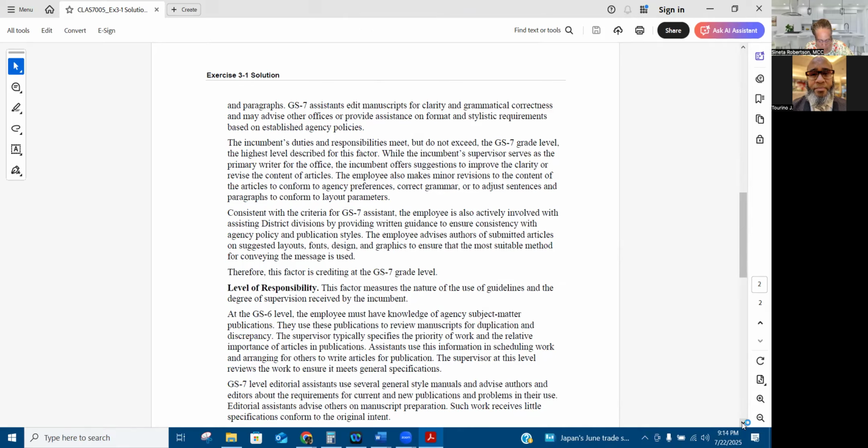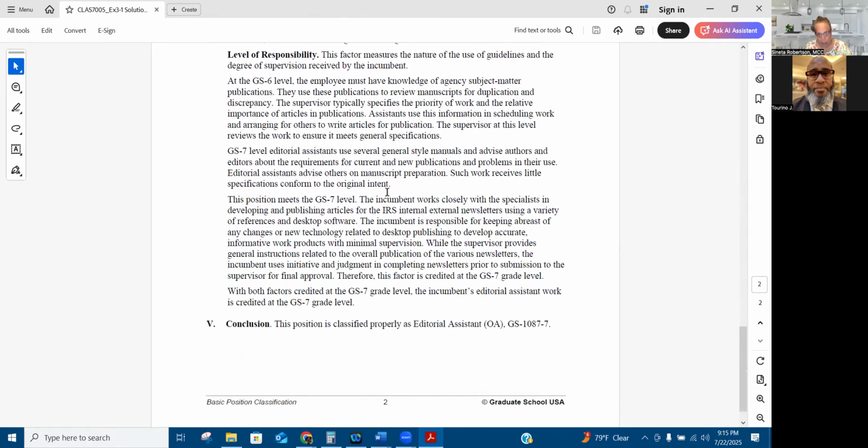The employee advises authors of submitted articles on suggested layouts, fonts, designs, and graphics to ensure that the most suitable method for conveying the message is used. Therefore, factor seven criteria. And that's just to give you a guide on how yours should sound when you evaluate a position using the narrative standard, and how you should formulate it.